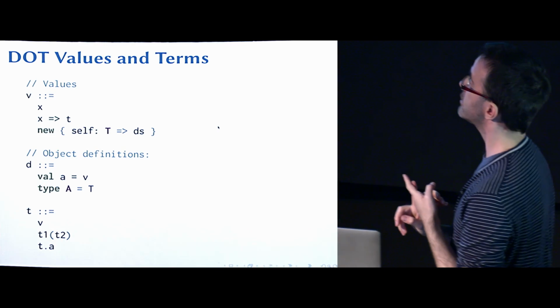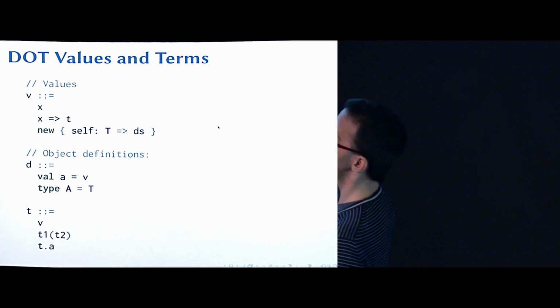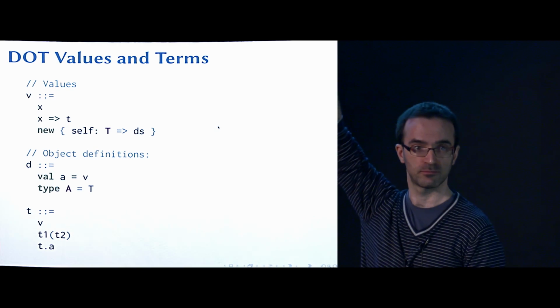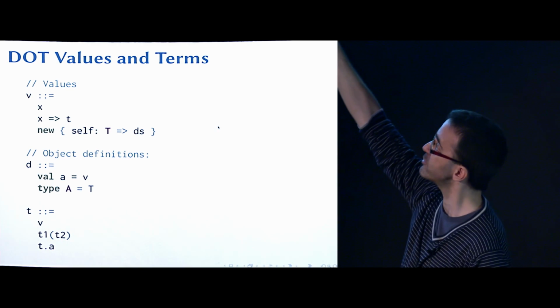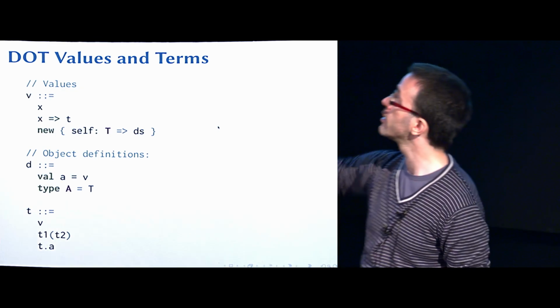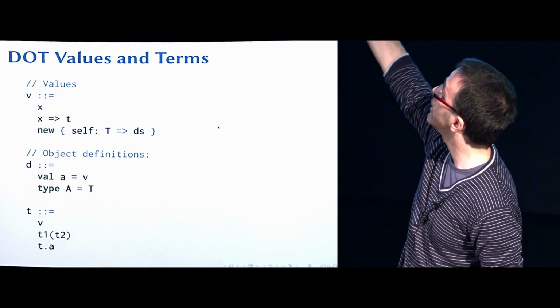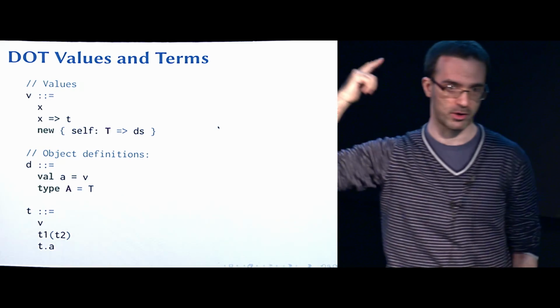So here is the grammar of the terms. We have the syntax of values. Values can be variables, or they can be functions, or they can be expressions which create objects. And this expression can contain a list of definitions. And a definition can be a value member or a type member.